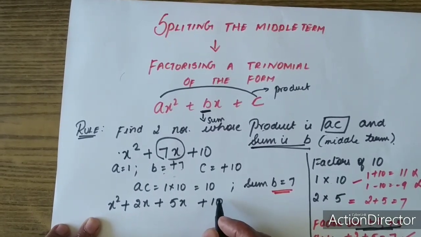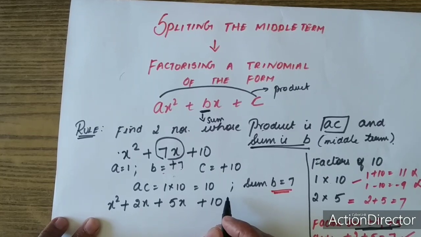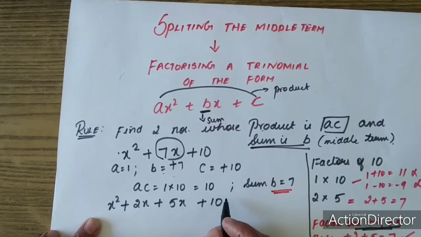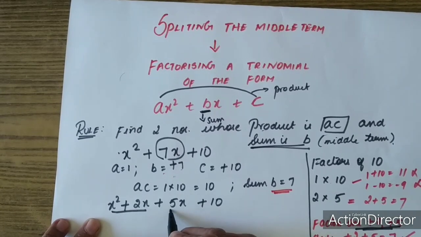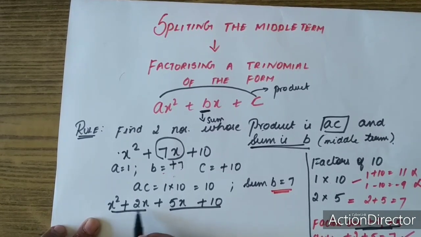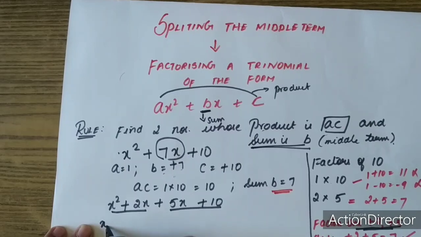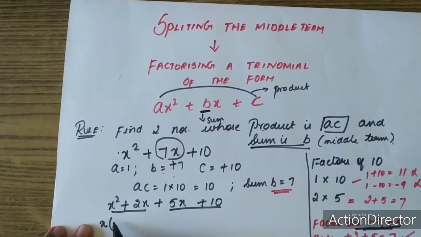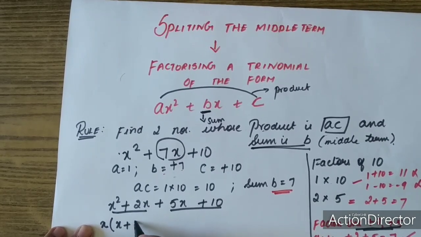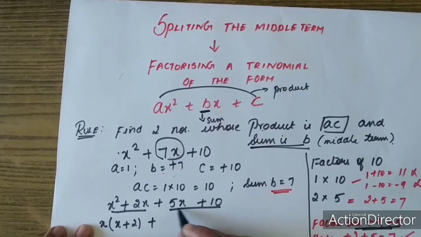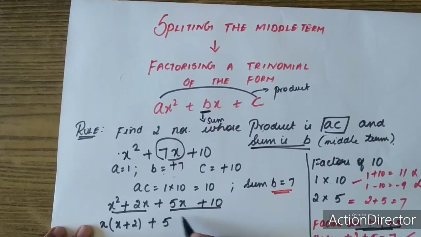Now once you have chosen the factors, it's very easy to factorize as you have done in the previous exercises. Combine the first two terms and combine the last two terms. In the first two terms, HCF is x and in the second bracket, each term is divided by HCF. X square by x is x, plus 2x divided by x is 2. Similarly, in the last two terms, 5 is the HCF.